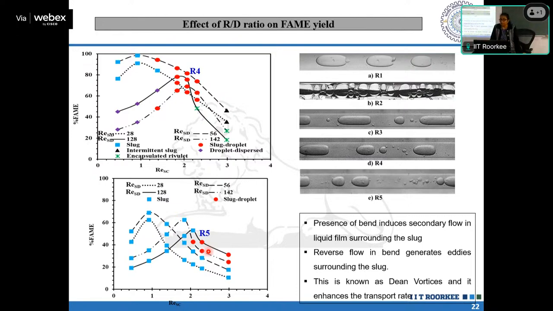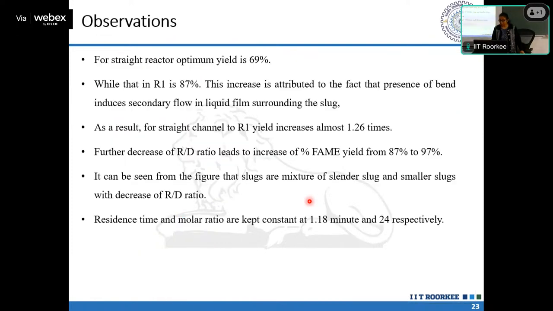So we got that in the R3 or R4 setup we have a maximum yield. But then how do we choose? There is another parameter coming.